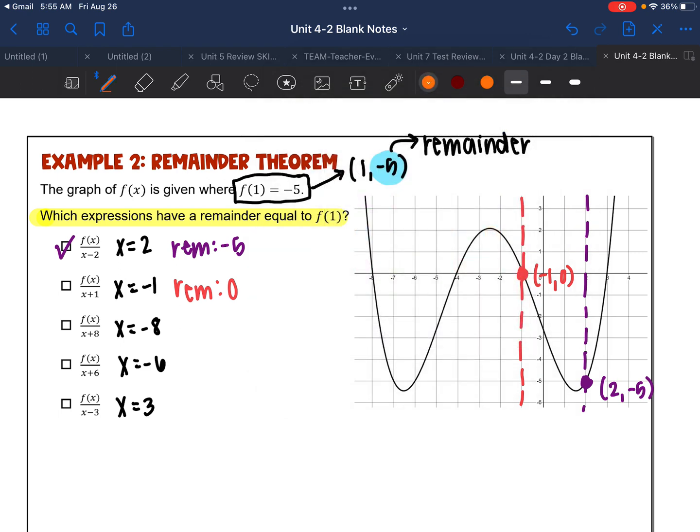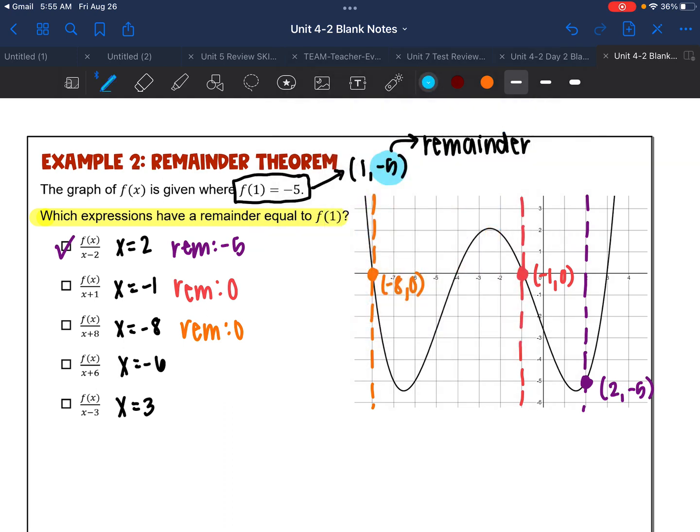Same thing with -8. That would be right here. We've got -8, 0. So the remainder would be 0. Which again means that x plus 8 is a factor, but again it is not equal to the remainder that we're given, so we're not going to check it.